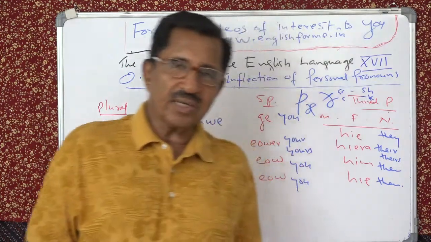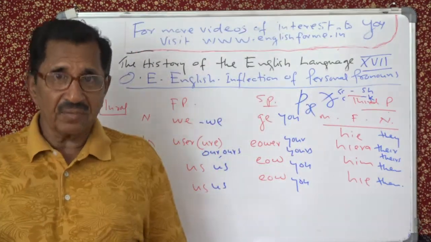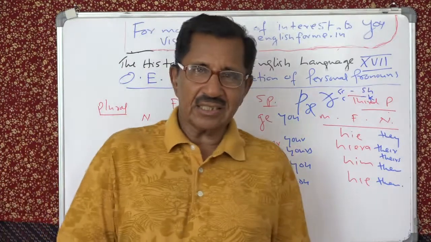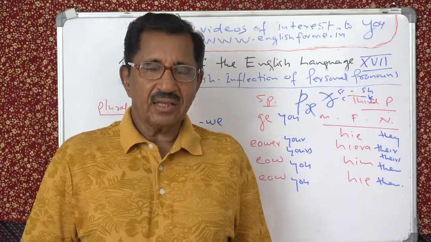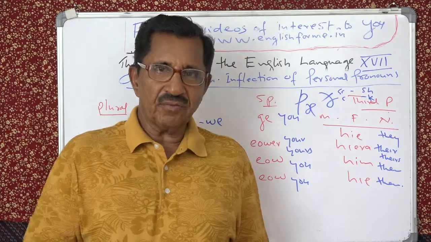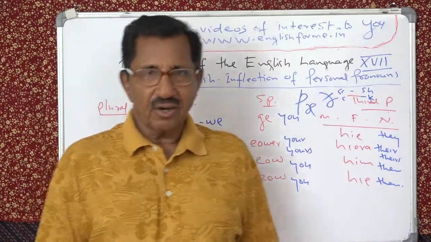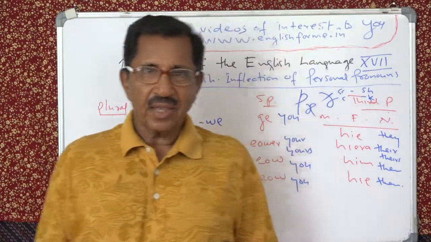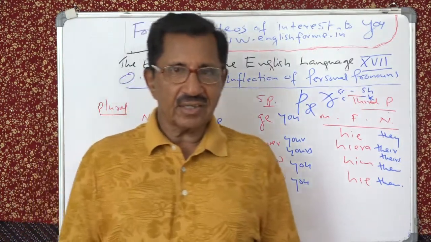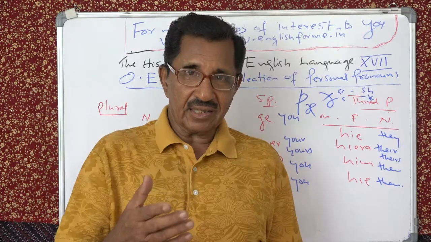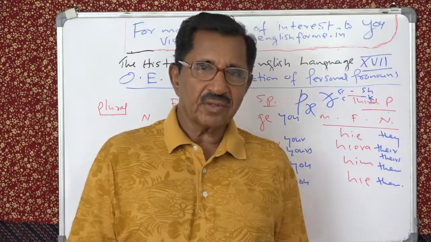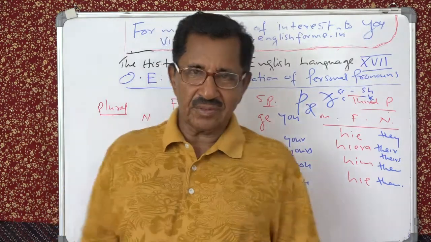Then we come to Old English grammar, and in grammar we have inflections, such as the nouns inflected. Then we have seen adjectives inflected. We saw the definite articles inflected. And we saw how the personal pronouns are inflected.